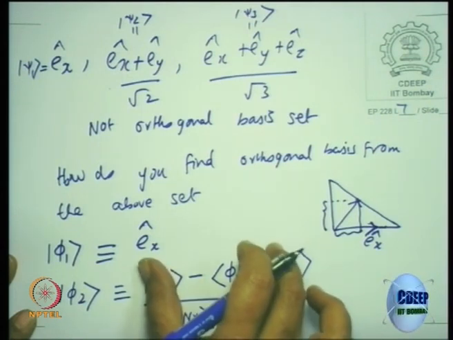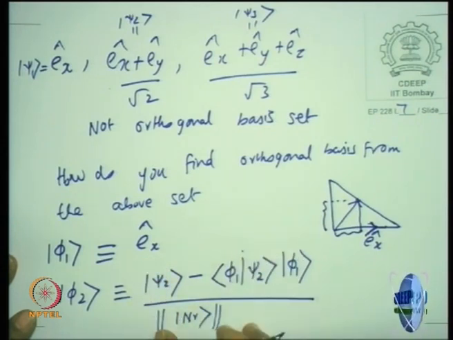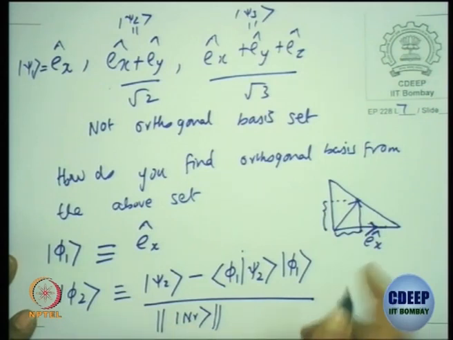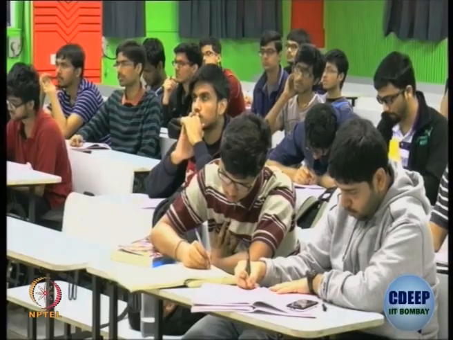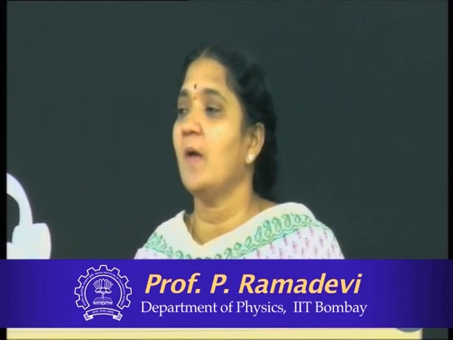So Ey by root 2, the norm is again 1 over root 2. So what will you get here? Ey, right? So this is the Gram-Schmidt orthogonalization written in the Dirac bracket notation.